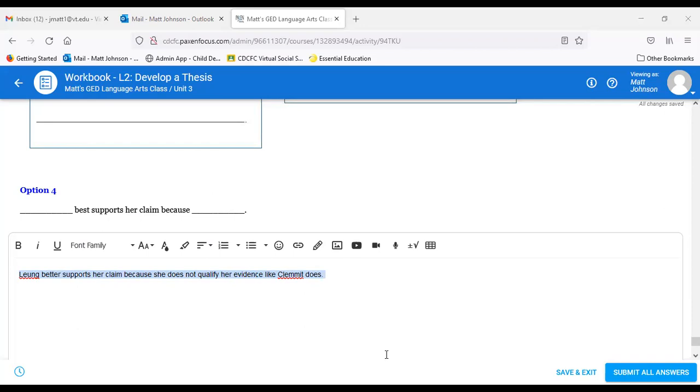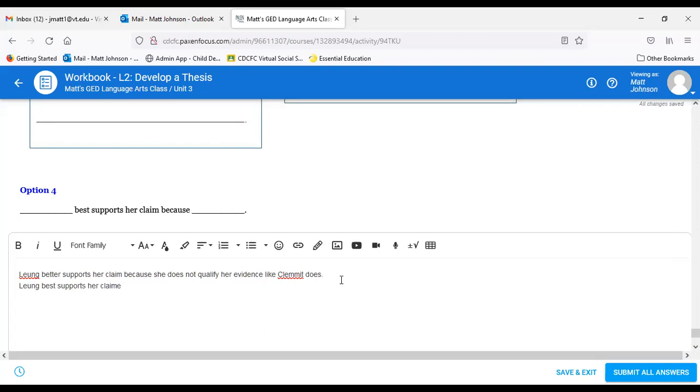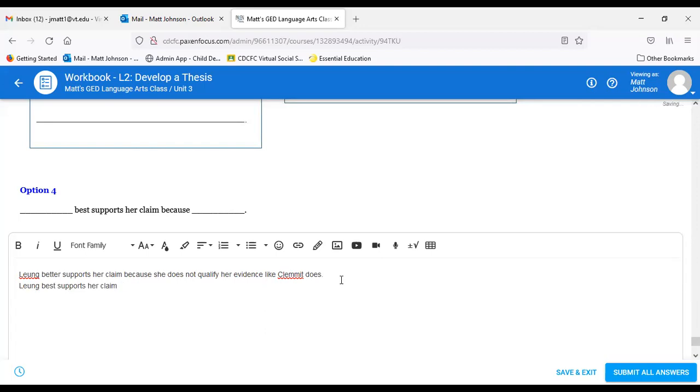Yeah, you could do that. Okay. So we can put that in there too. So you said Liang best supports her claim because she gives an accurate evidence to support her claim.